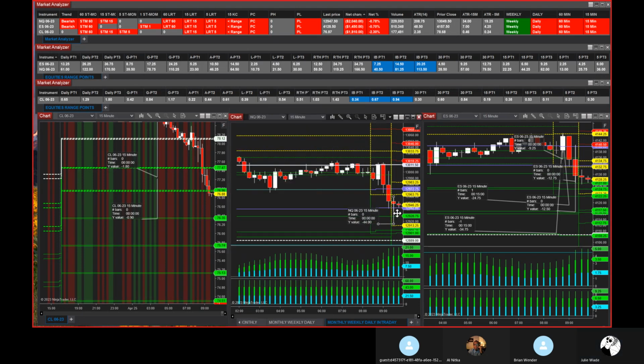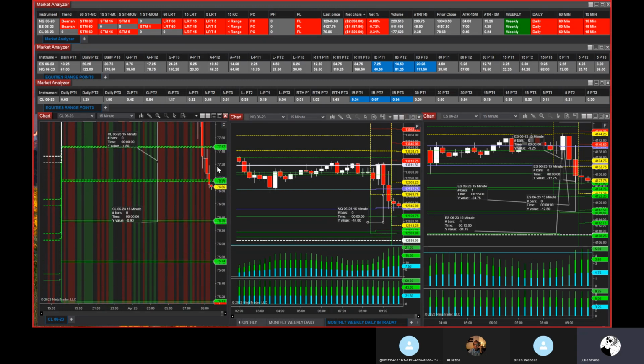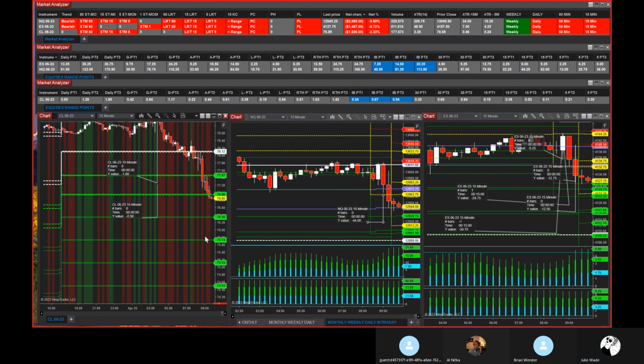Well, it keeps changing here. Crude is really just flattened out. The put wall. We're still sitting on this prior range.